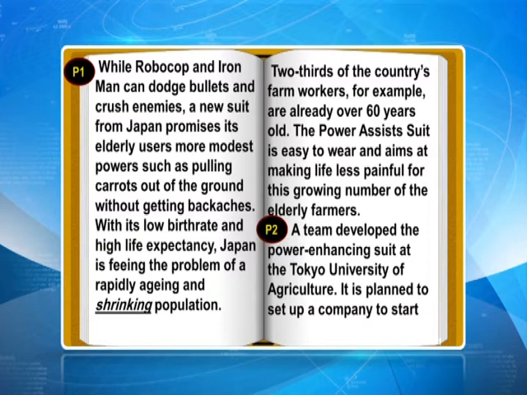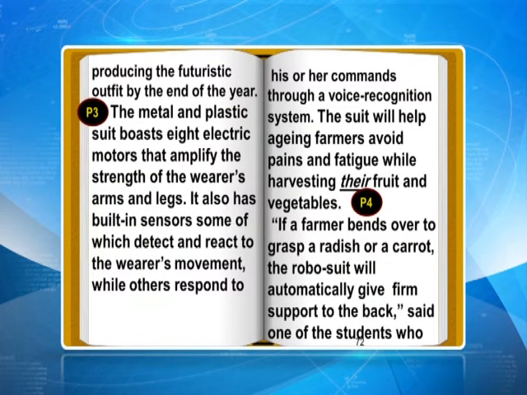A team developed a power-enhancing suit at the Tokyo University of Agriculture. It is planned to set up a company to start producing the futuristic outfit by the end of the year. The metal and plastic suit boasts 8 electric motors that amplify the strength of the wearer's arms and legs. It also has built-in sensors, some of which detect and react to the wearer's movement, while others respond to his or her commands through a voice recognition system.